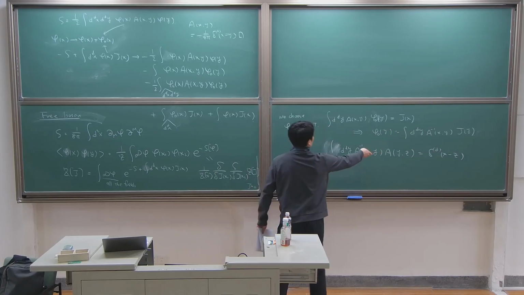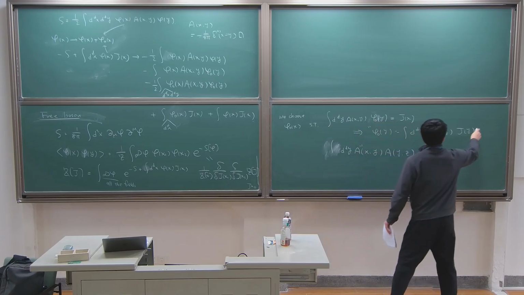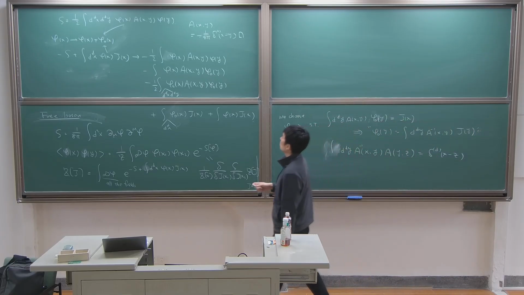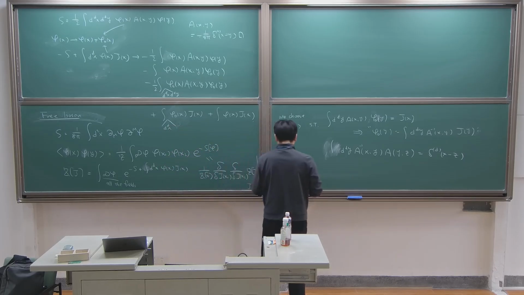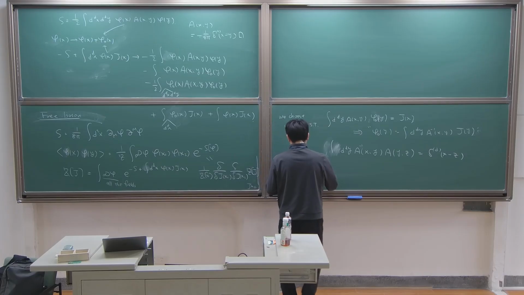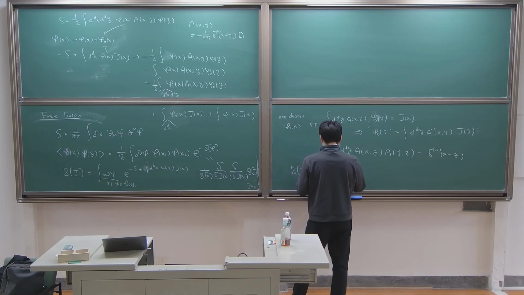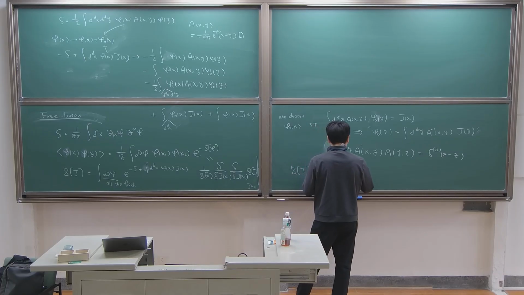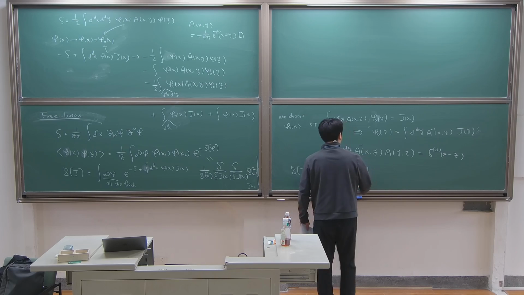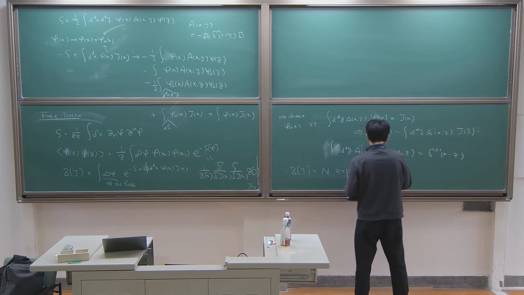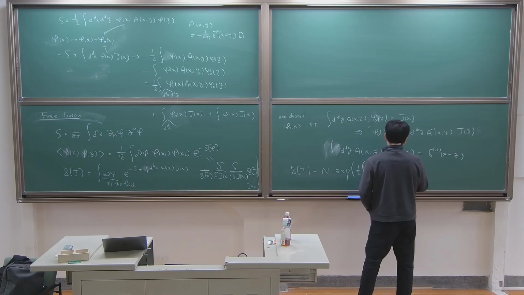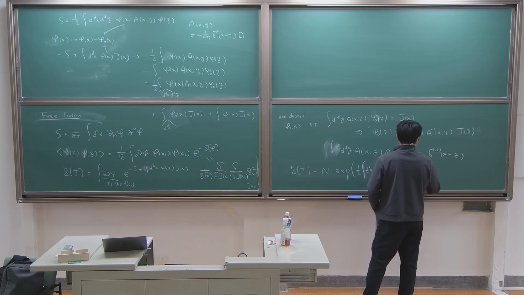And plug this one back into here. Then what you get is that the Z of J is some number and the exponential of one half J, A inverse, xy, J of y, like this one.